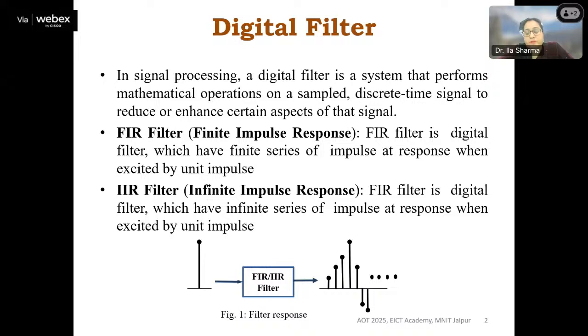Then again, many classifications of filters are there. If we are dealing with an analog signal, then we will have analog filters for extracting that information. And when we have digital sequences, a digital signal, then we need to have digital filters. So this is one classical classification of filters.